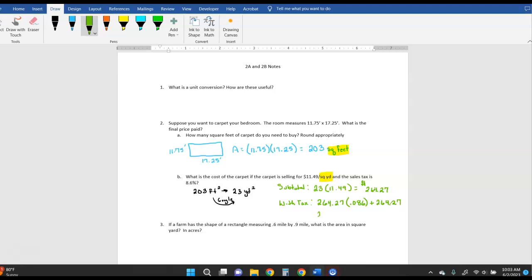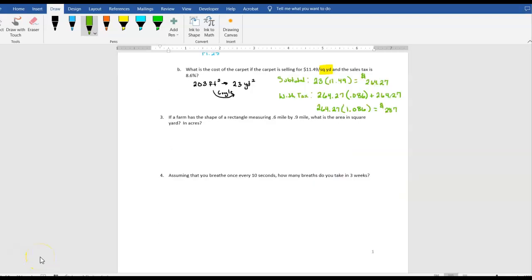Or we could take $264.27 and multiply that by 1.086. Either way of doing this will give you the same answer for the total cost of our carpet.